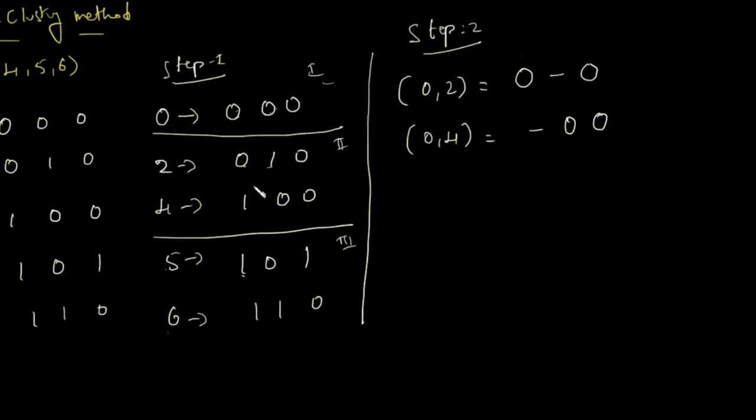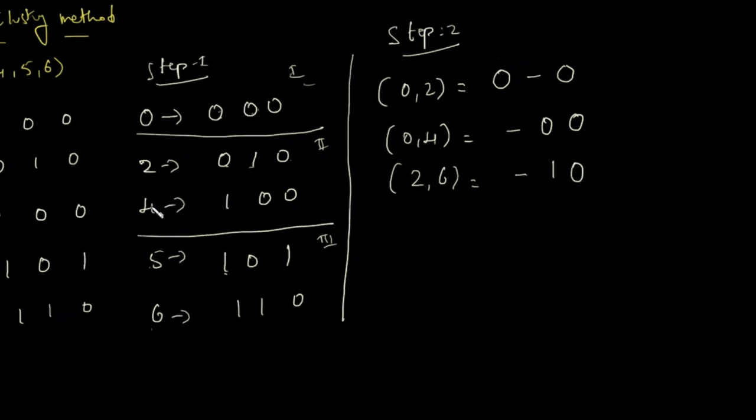If you compare 2 with 6, what happens? 0 1, a bit is changing, 1 1, there is no change, and the last one is 0 and 0, right? Since only the first bit is changing, we can make 2 and 6 a group. Since the first bit is changing, put a dash, and the rest of the digits are 1 and 0.